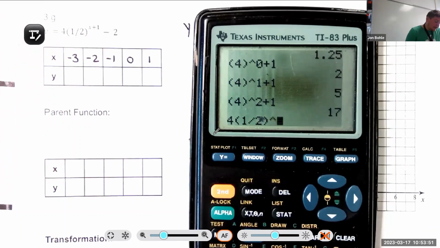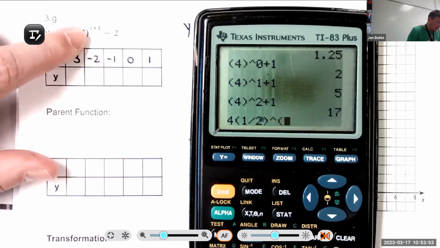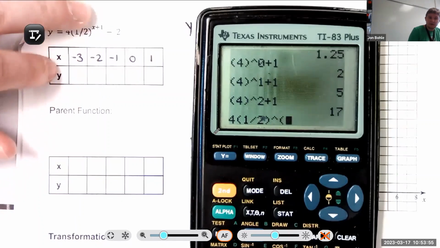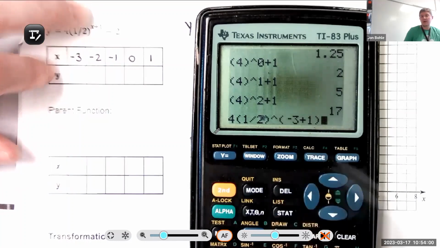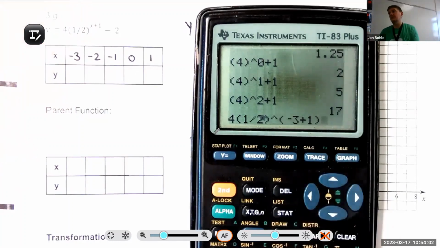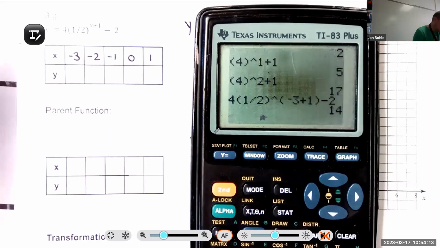And then I'm going to raise it to, I'm plugging in -3, right? So -3 + 1, and that has to be in parentheses. And the 1/2 has to be in parentheses. Okay. And then -2. And you hit enter and you should get your first number, 14.